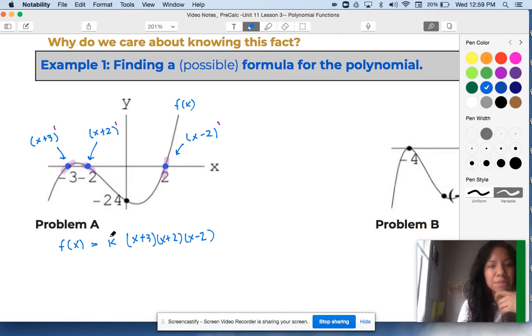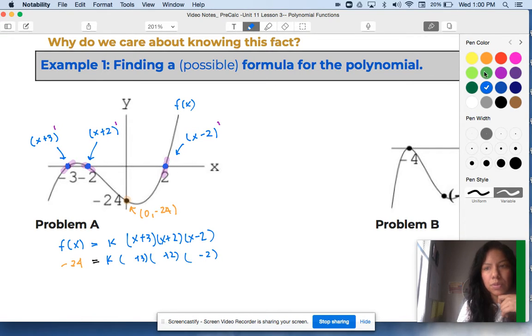All right, so now we have to figure out k. The way we do that is we use another given point, which is this point here, 0, negative 24. Then we input negative 24 for our output and substitute in 0 for every x variable.